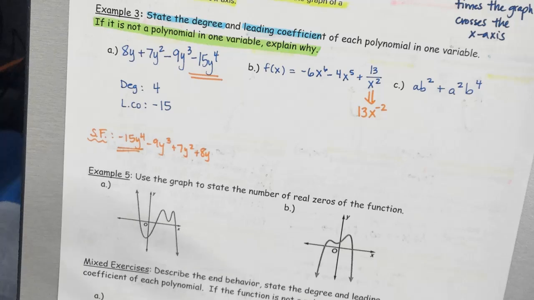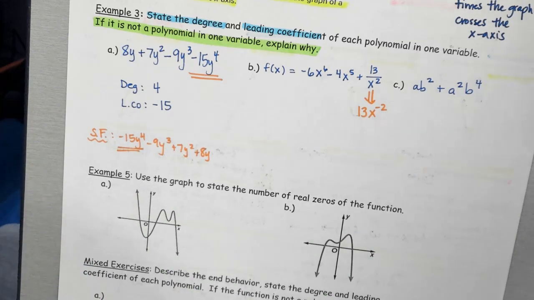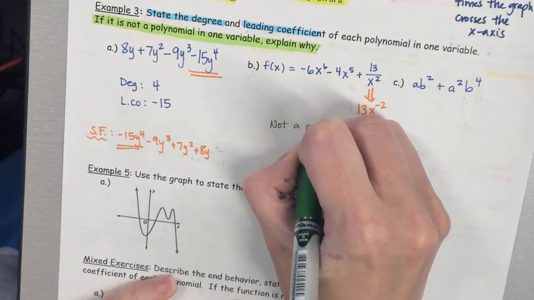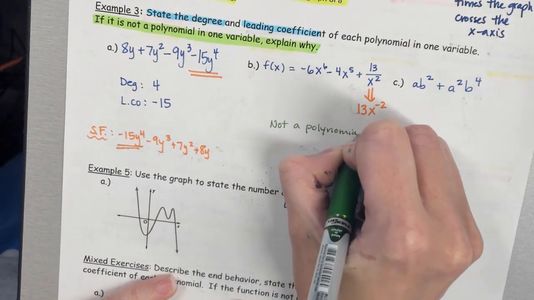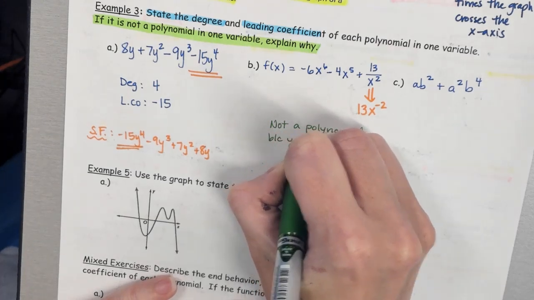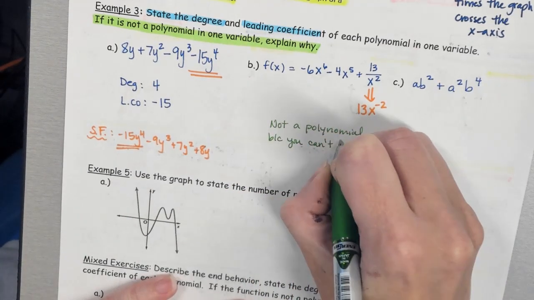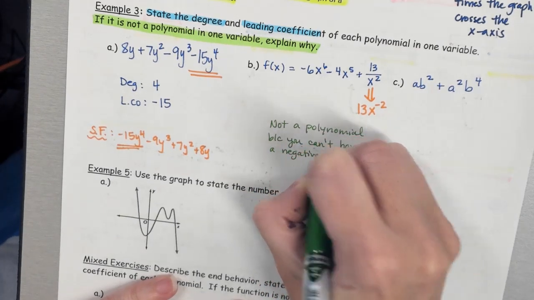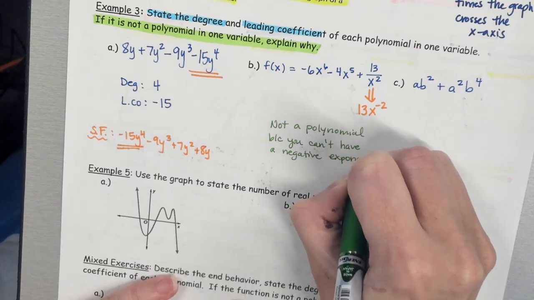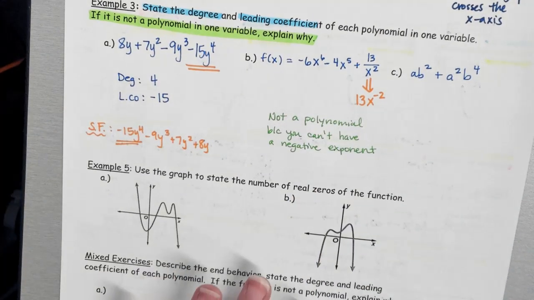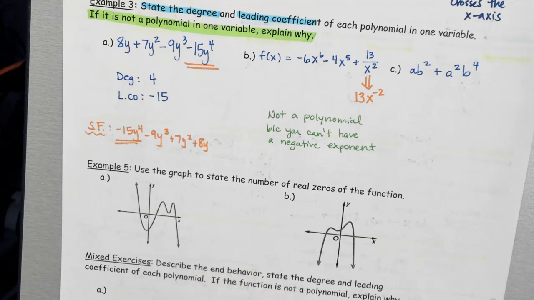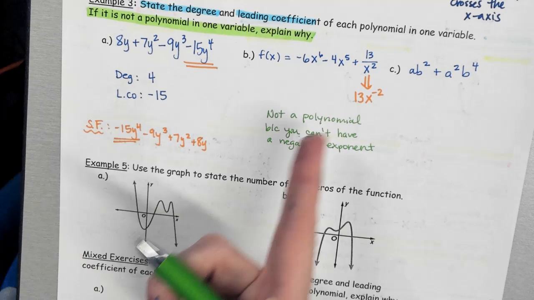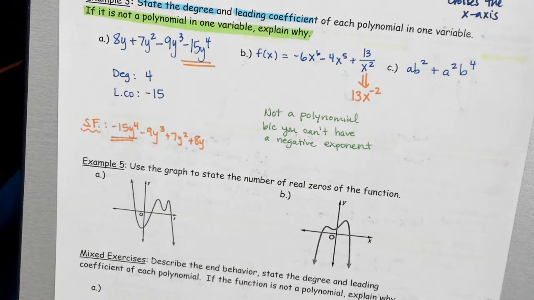So when you're writing out your explanation, you can say it's not a polynomial because we can't have a negative exponent. Okay, so it's not a polynomial because you can't have a negative exponent, and you have the 13x to the negative 2.